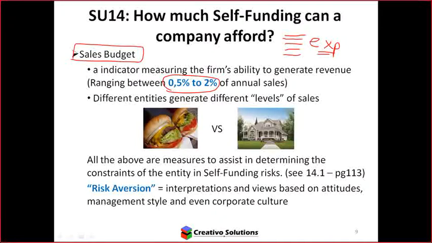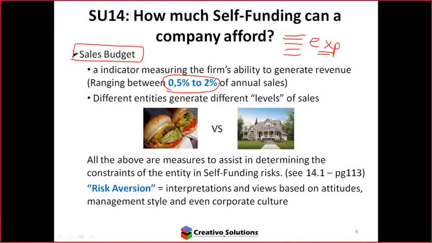A concept that we need to always remember is risk aversion. This is actually coming from finance. We spoke about risk-averse investors or risk-averse financial managers. If I'm risk-averse, do I want to take on more risk? Yes, only if the risk outweighs the return.